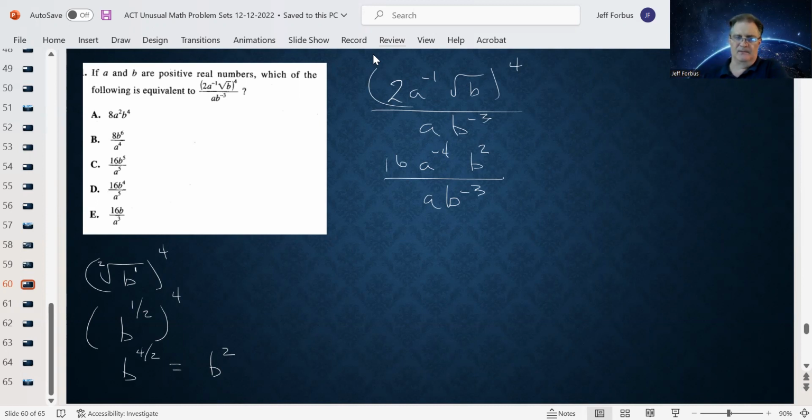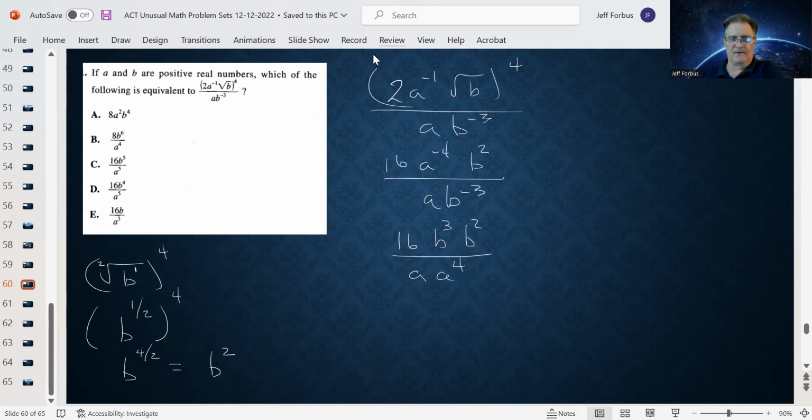Let's go ahead and take care of our negative exponents. So I'm going to rewrite this and say, I'm going to move the b to the -3 to the top and leave b squared. And then I'm going to move a to the -4 to the bottom. All right, now they're all written with positive exponents.